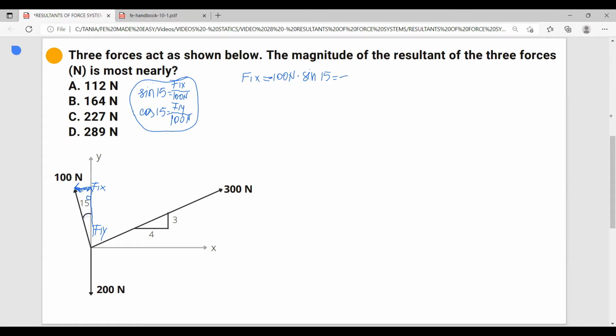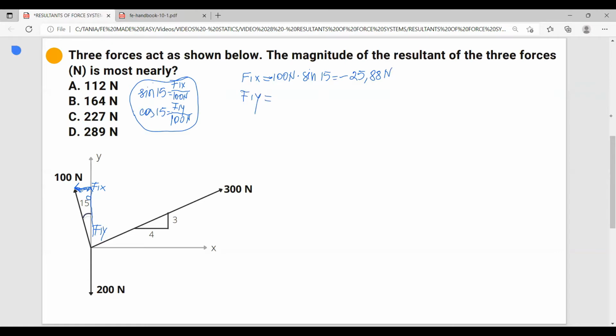So let's put negative in front. And now sine 15 times 100, I get negative 25.88 newtons.